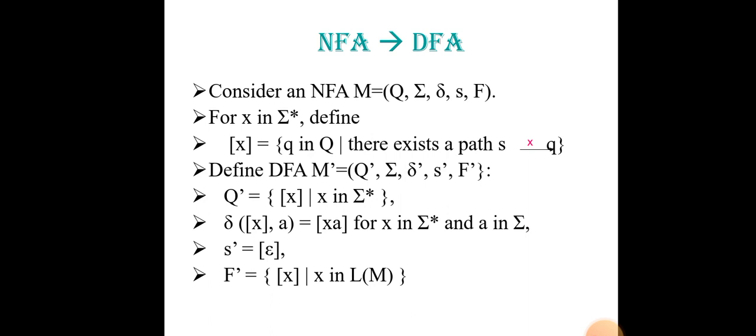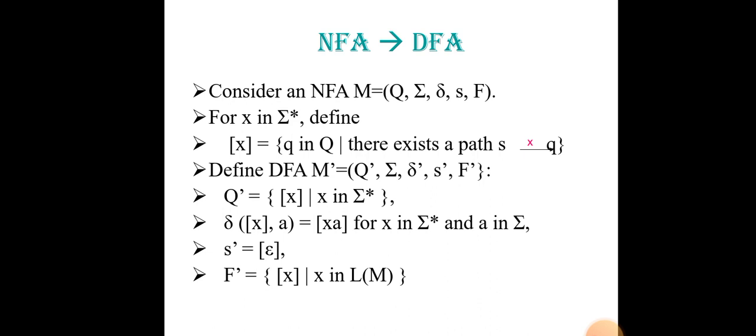Consider an NFA M. It has 5 tuples: Q, that is the states, sigma, the transition function, and F, which denotes the final states, for x in sigma star. Sigma star means the set of symbols, and for x and q in Q there exists a path.